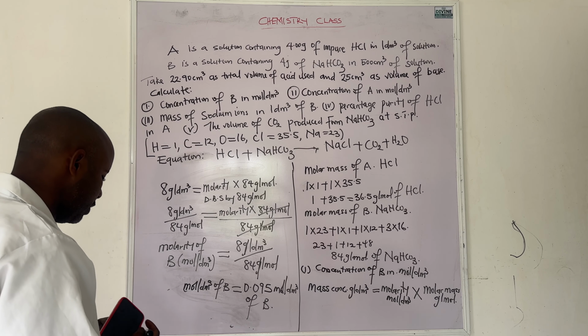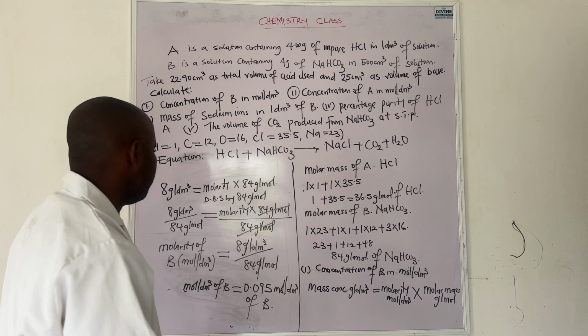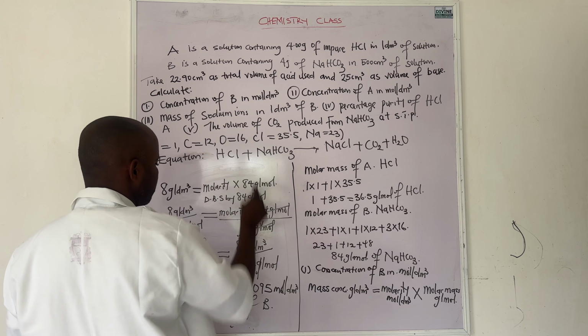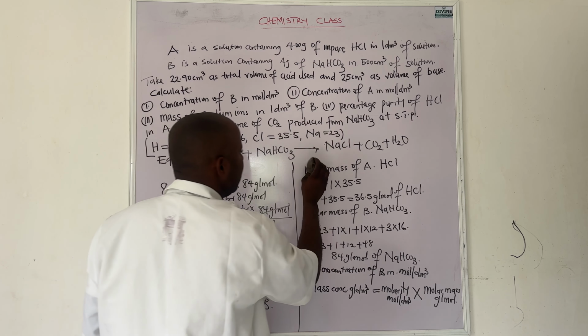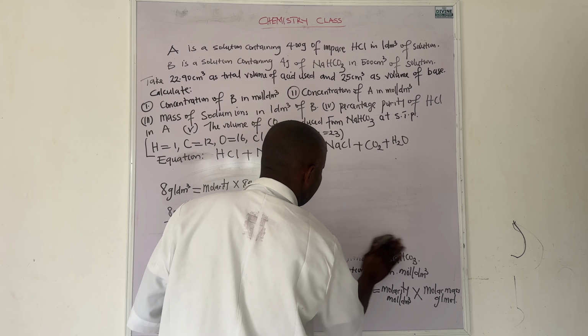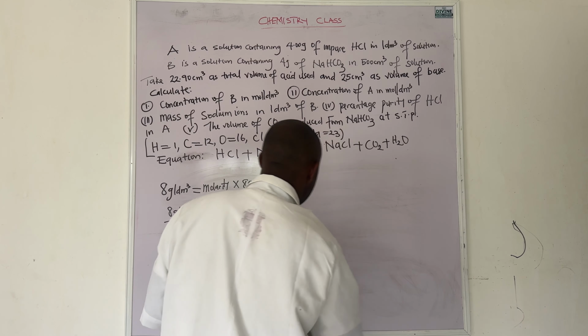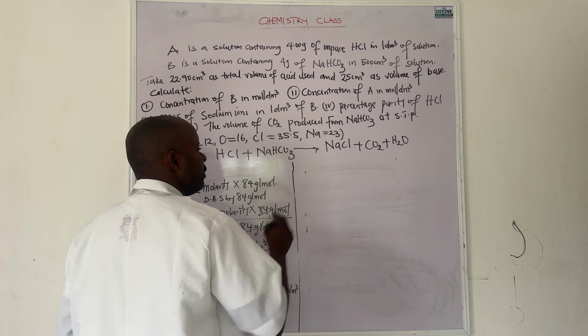Since the concentration of B is derived now, we can look for the concentration of A. The concentration of A can be obtained by using CA VA all over CB VB. So we can use this.